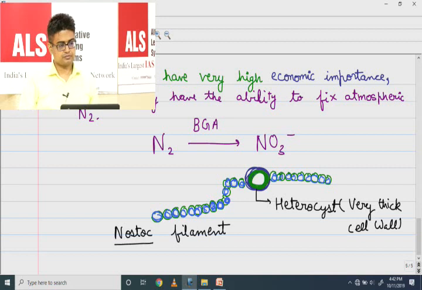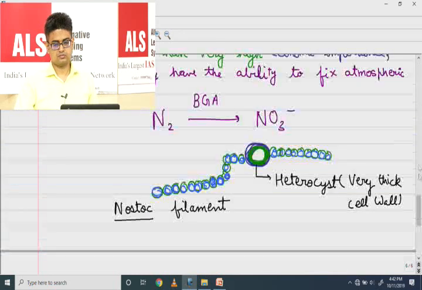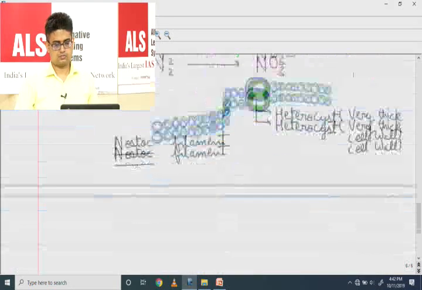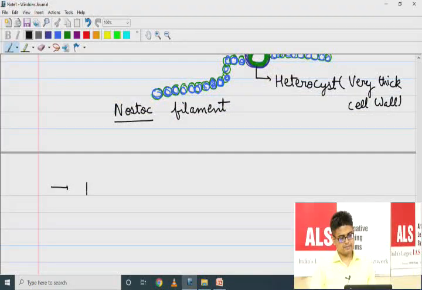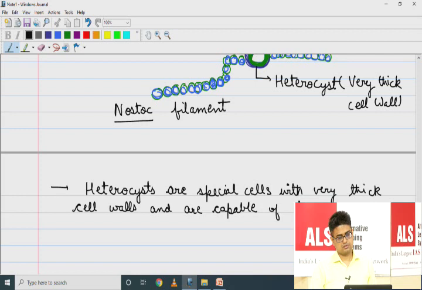So please write. Next point. Heterocysts are special cells with very thick cell walls and are capable of fixing nitrogen.